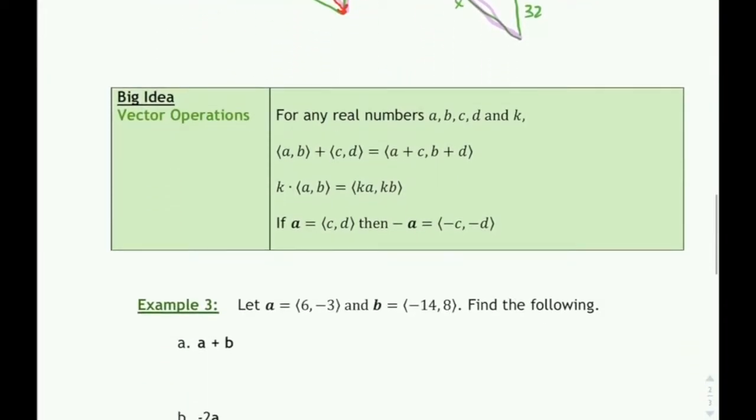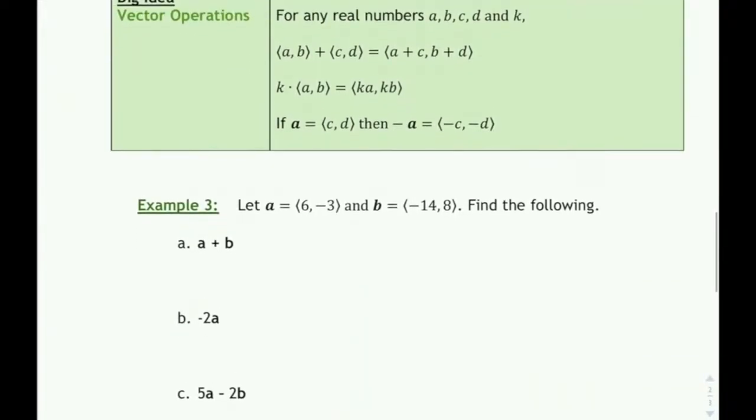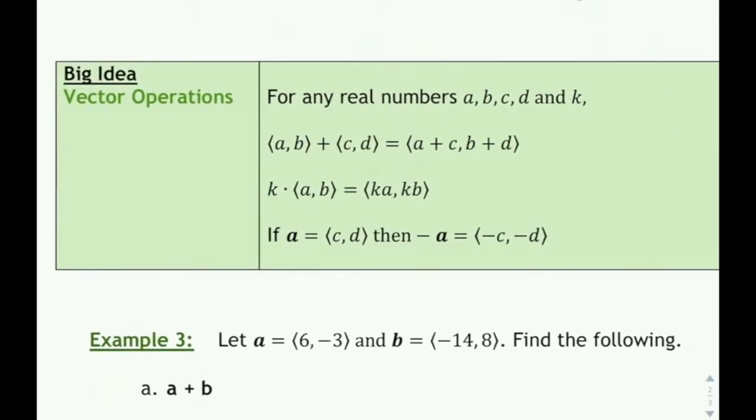Other things you can do with vectors, you can add them component-wise, your horizontal and vertical components. So instead of getting a line segment as a result picture, you can get the component form. If you add your two horizontal components together, you get your new horizontal component, and your two vertical components together, you get your new vertical component.